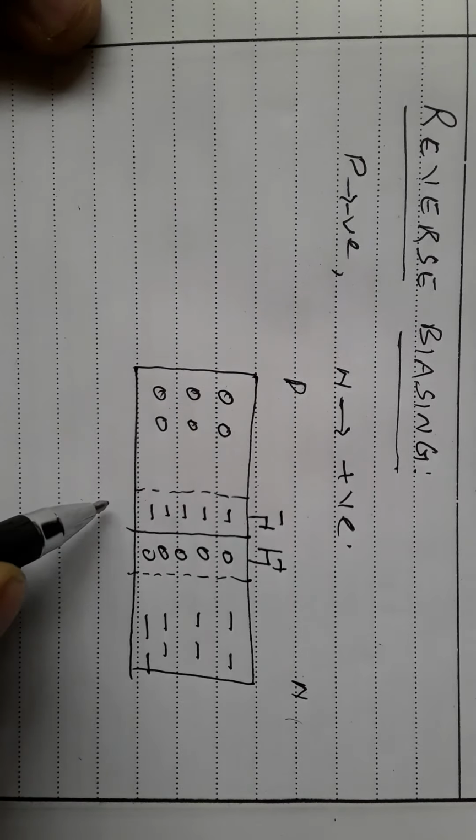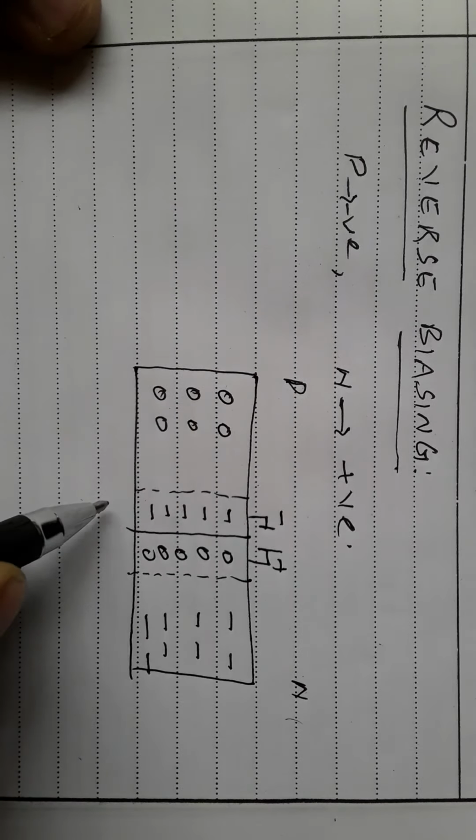Now, when the P side is connected with the negative terminal, the holes, which are in majority in the P side, go towards the negative terminal of the battery, and the N side is connected with the positive terminal. So these electrons go towards the positive terminal of the battery.